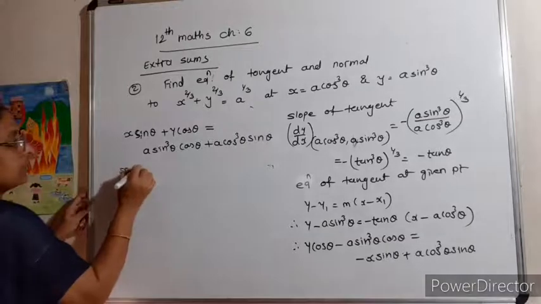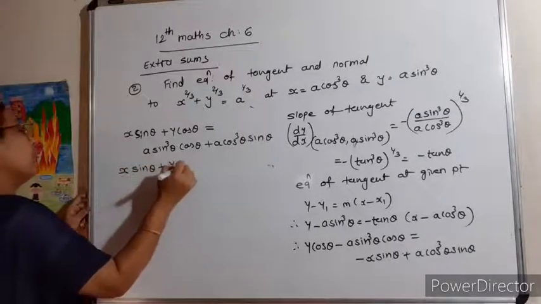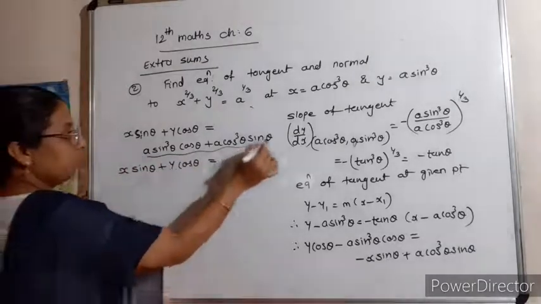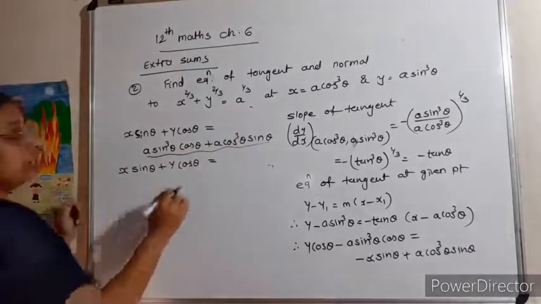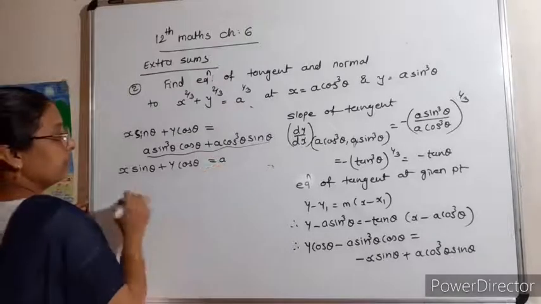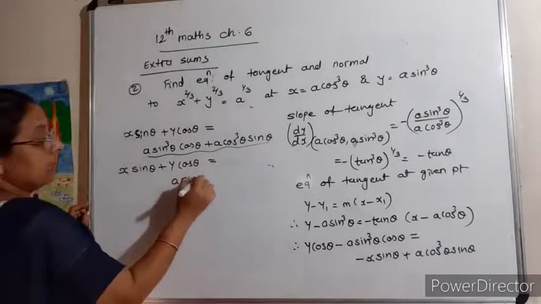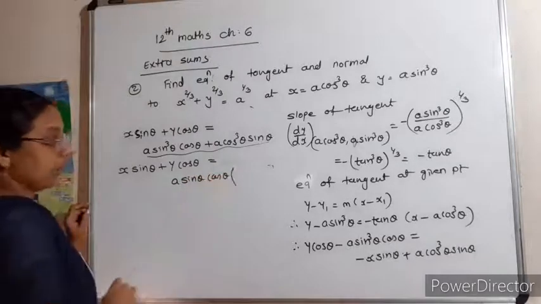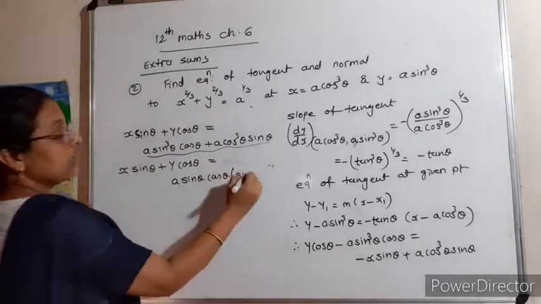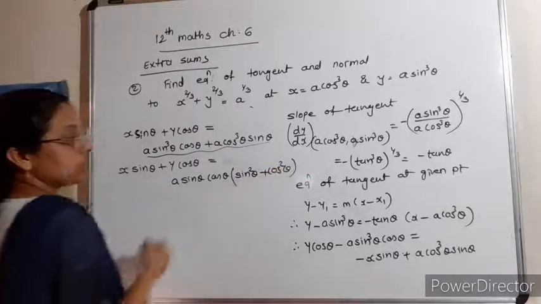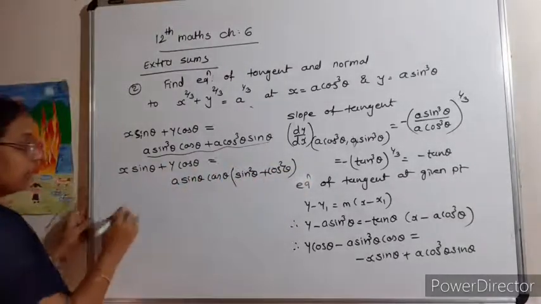So x sin theta plus y cos theta is equal to, from here what is common? A sin theta cos theta is common. So what is remaining? Sin square theta plus cos square theta, and that becomes 1.